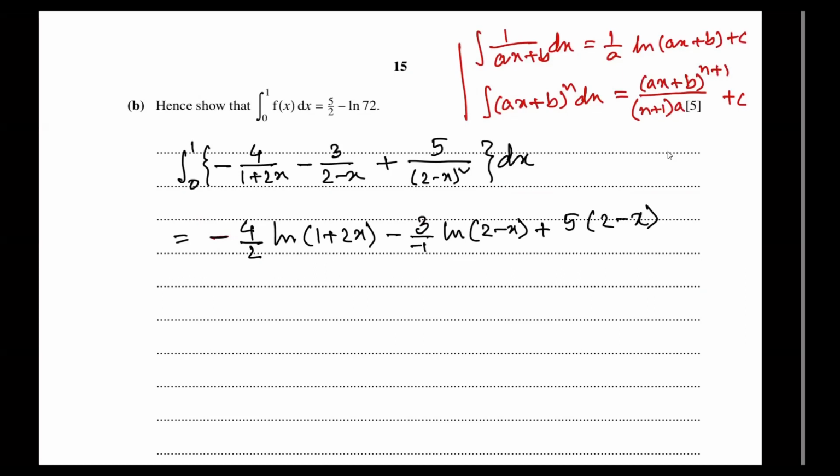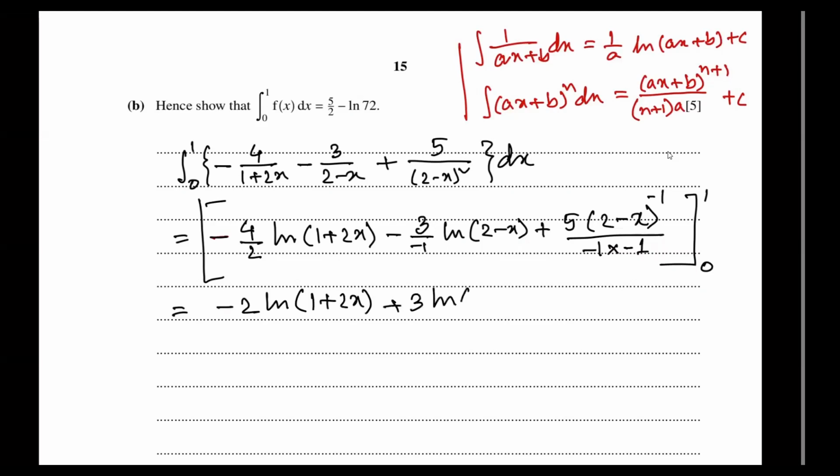So 2 minus x whole to the power minus 2 plus 1, divided by the new power and the coefficient of x. So that's the integration. The limits are 0 and 1. So you have 2 ln 1 plus 2x, plus 3 ln 2 minus x, plus 5 by 2 minus x.